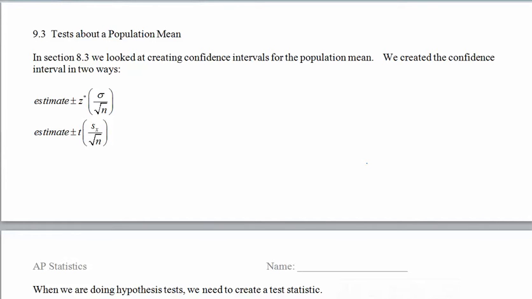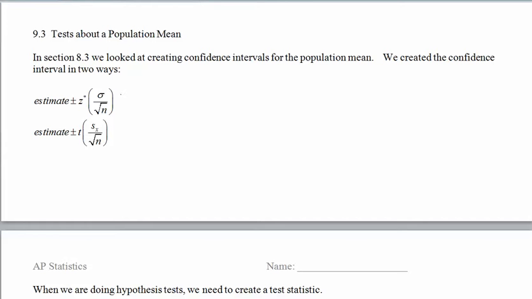All right, so in section 8.3 we looked at creating confidence intervals for the population mean. We created the confidence interval in two ways. We looked at estimate plus or minus the critical value times the standard deviation of the statistic, so standard deviation over the square root of n.